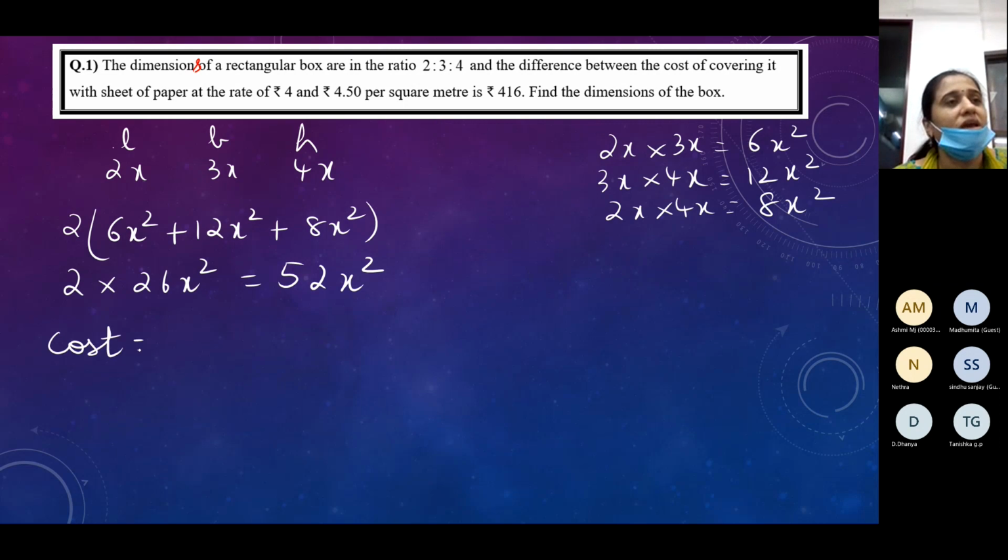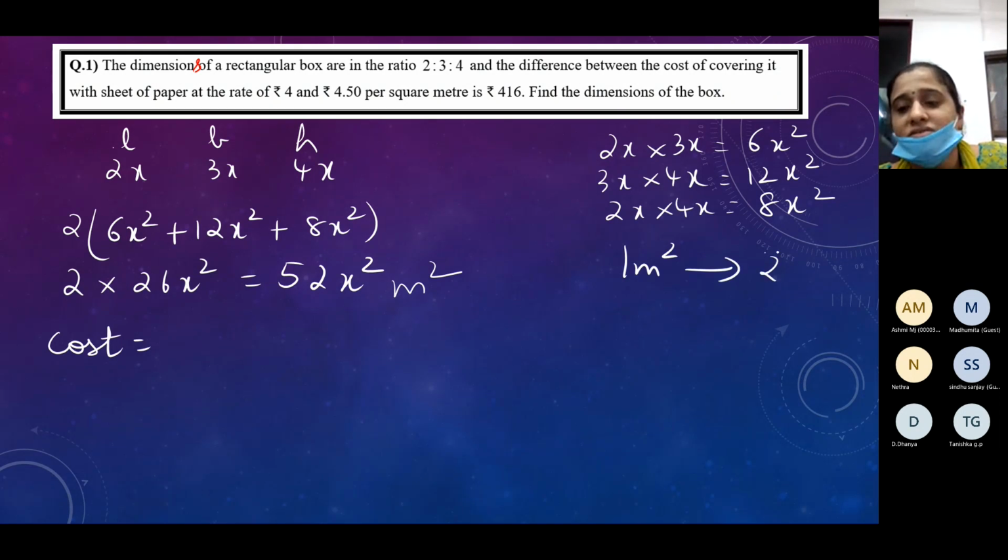Area into rate. How much square meter does your box have? 52x square. 1 square meter is 4 rupees, and the other is 4 rupees 50 paise.